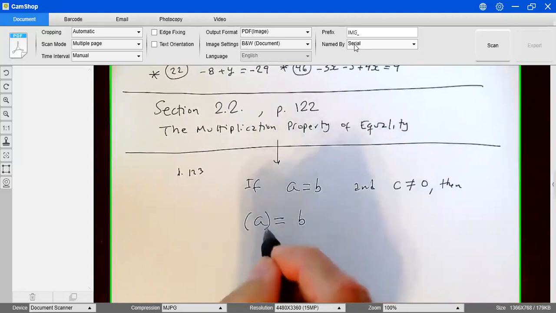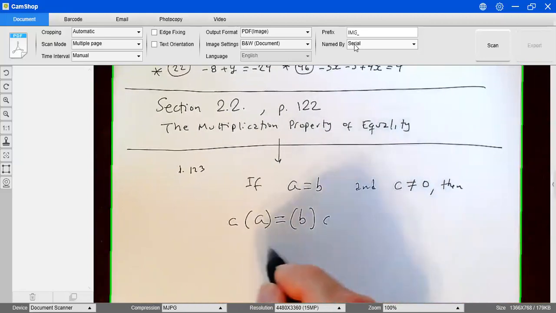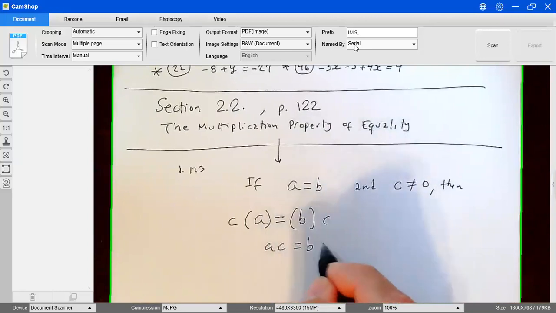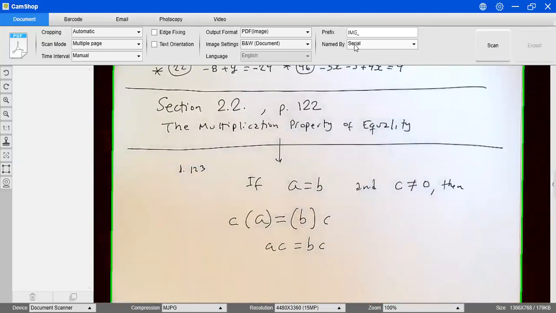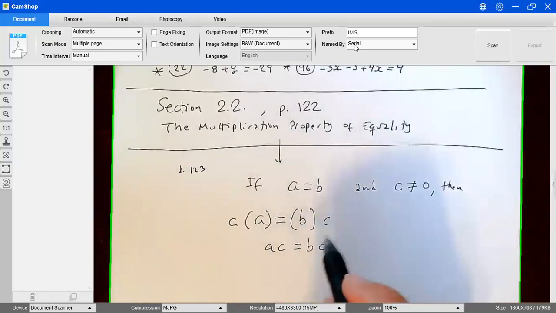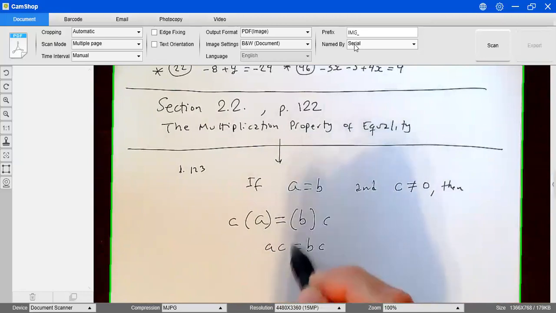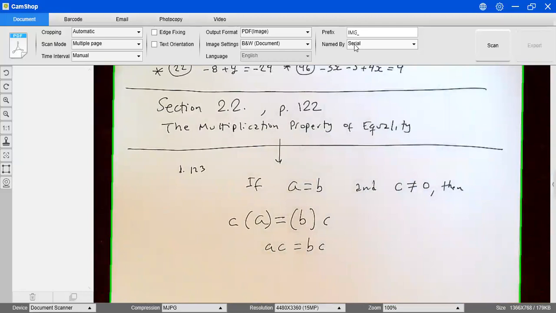So we're going to multiply this by C, we're going to multiply this by C, so we get AC equals BC. The important thing is that the solution for this equation is going to be the same solution that you're going to get for this equation. So these two equations are equivalent equations, meaning that the solution doesn't change if you multiply both sides of the equation by the same number.